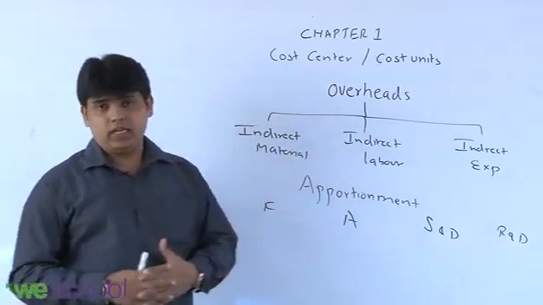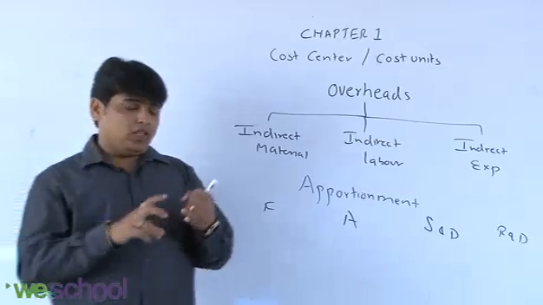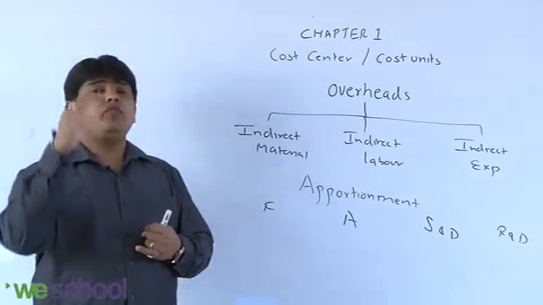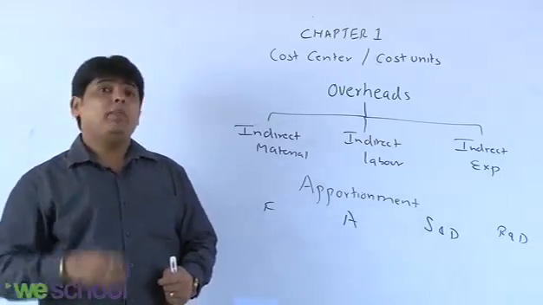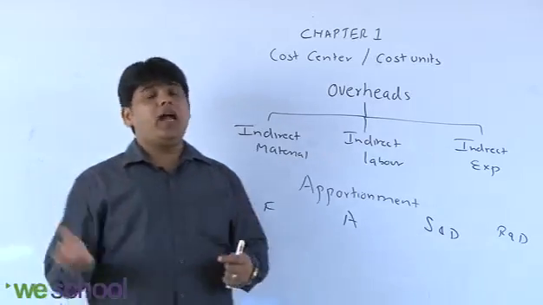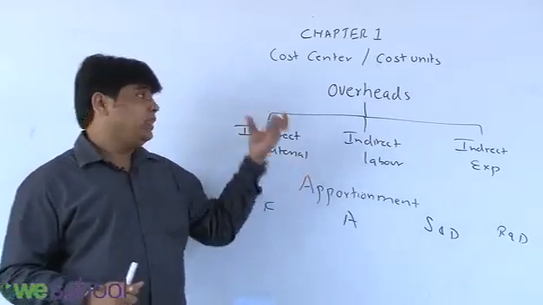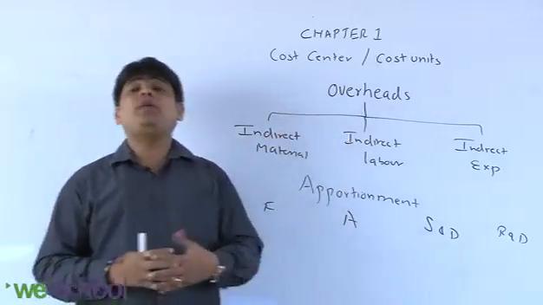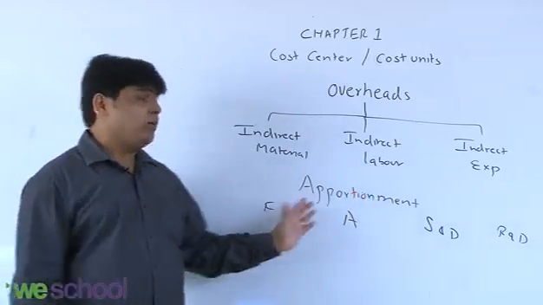They are called overheads. When you are calculating the cost of a particular product, the calculation of prime cost, that is the total of direct material and wages, is very easy for us to differentiate. But afterwards, we have direct expense and indirect expense. They are also allocated either wholly or directly to the production department. Then come to the overheads. There are some common costs incurred for all the products which need to be apportioned.